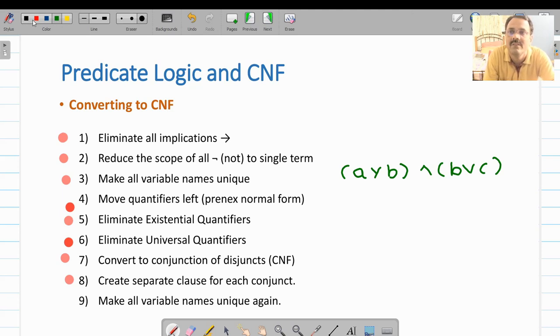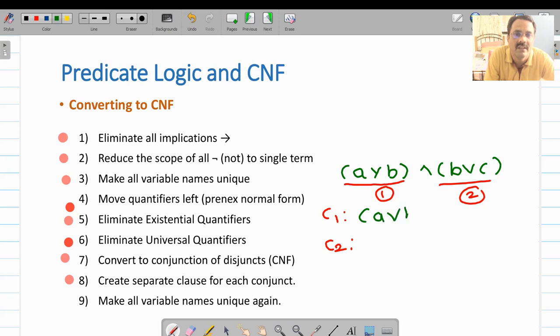Now you will find there are two conjuncts. This is first and this is second. So you will have to separate them out, and that will result in two clauses. One clause is C1 and another clause will be C2. C1 will be A or B and C2 will be B or C. So one clause has resulted in two clauses.